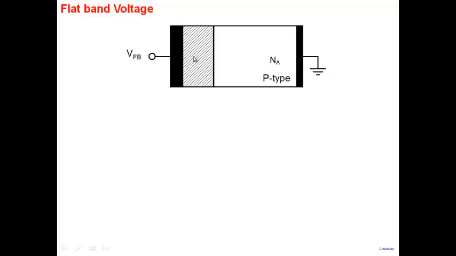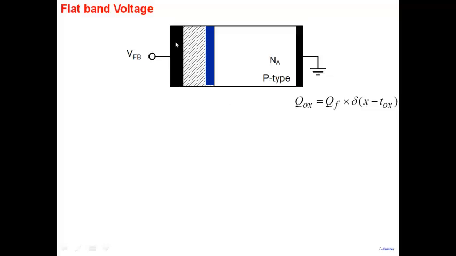If the system is free of any charges in the oxide, we have seen the flatband voltage is simply phi ms. But suppose I have a sheet of charge here inside the oxide. Sheet of charge is described by a delta function, and it is inside the oxide. And the value of this sheet of charge is QF. And I want to know how much is the flatband voltage now.